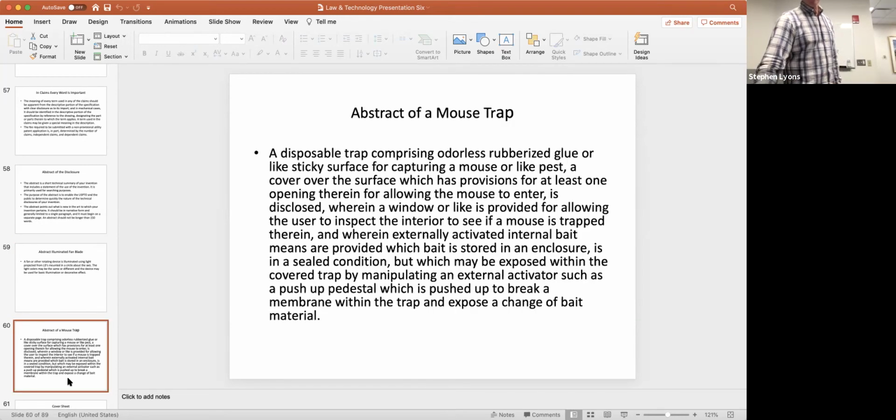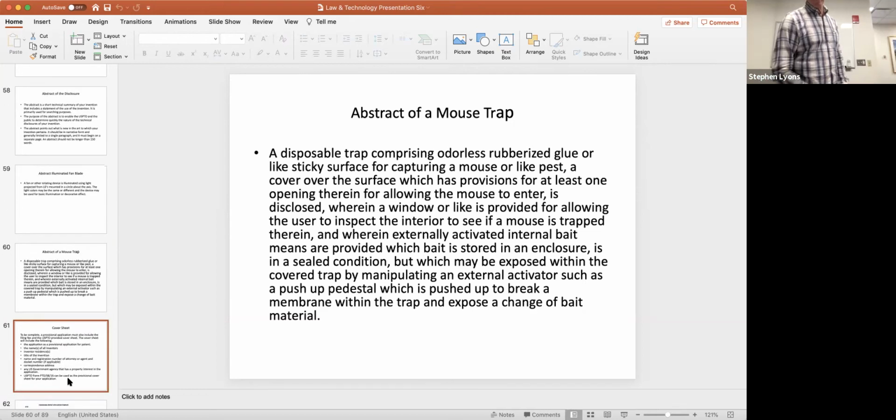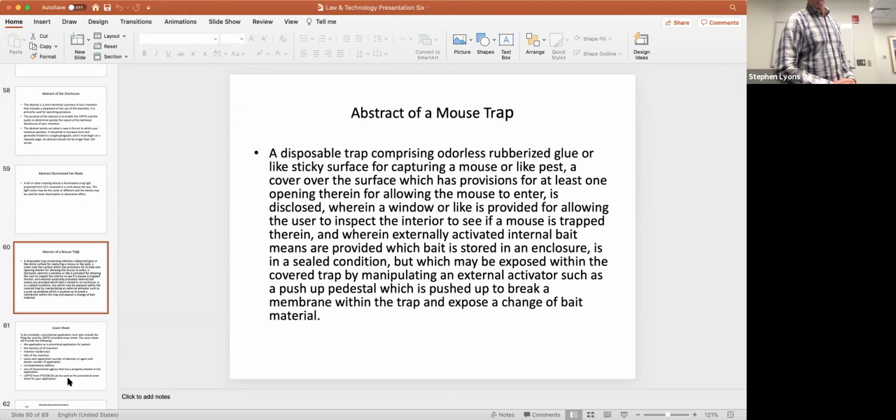So here's an abstract of a mousetrap. Here's an abstract, that's the cover sheet. A disposable trap comprising odorless rubberized glue or like sticky surface for capturing a mouse or like pest, a cover over the surface which has provisions for at least one opening therein for allowing the mouse to enter is disclosed.